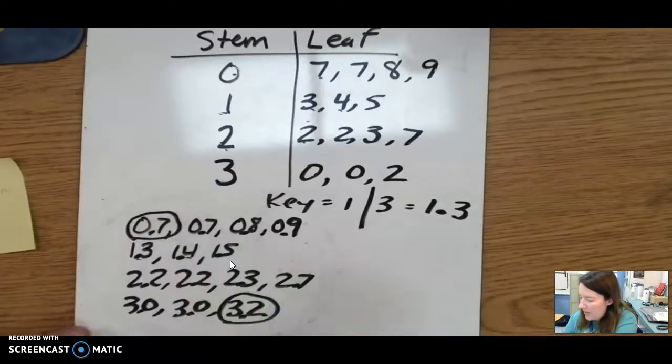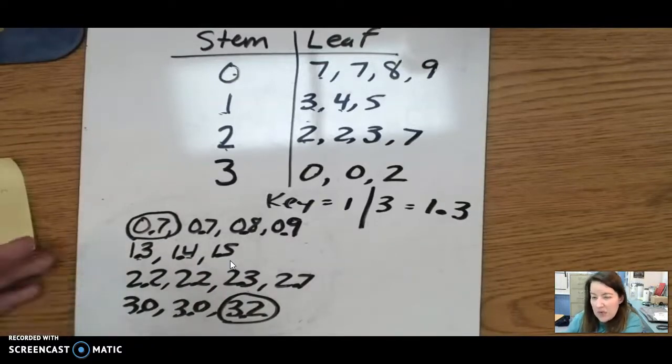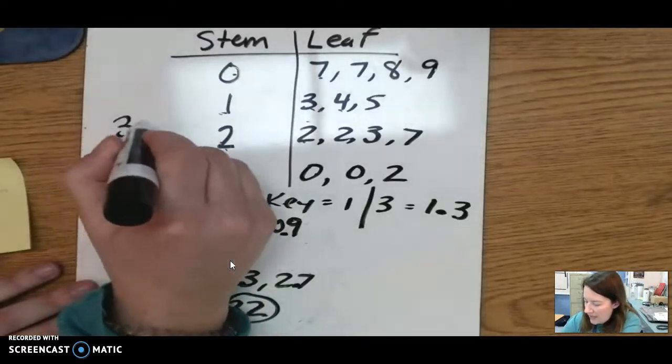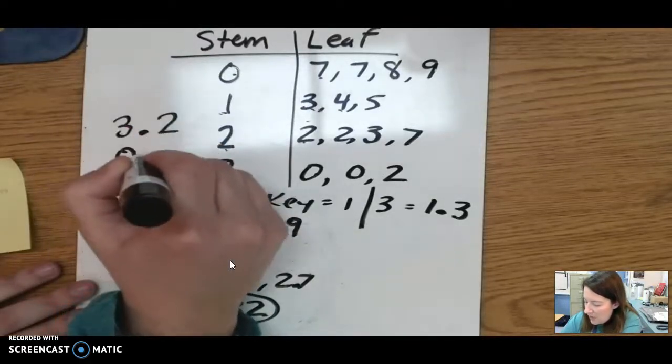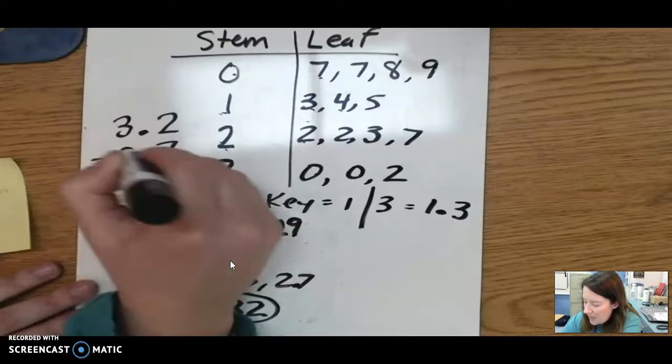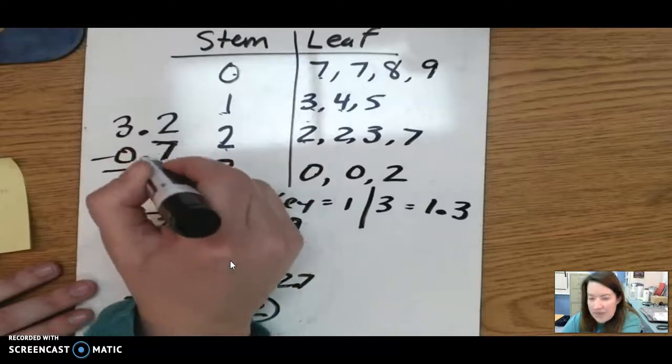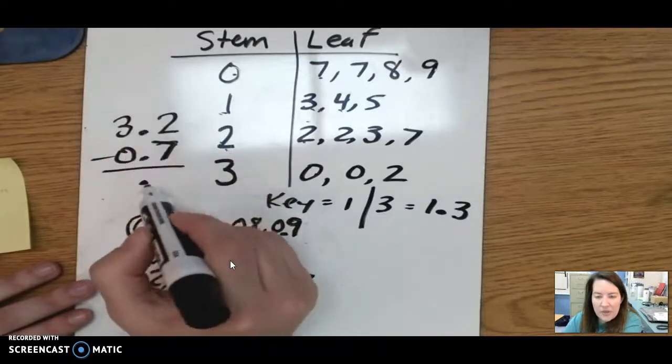The smallest number, 0.7. How do you find the difference between two numbers? We subtract. So if I was finding the difference between those two numbers, I would subtract like this. Remember to line your decimals up like buttons on a shirt.